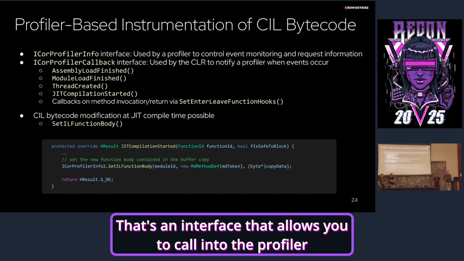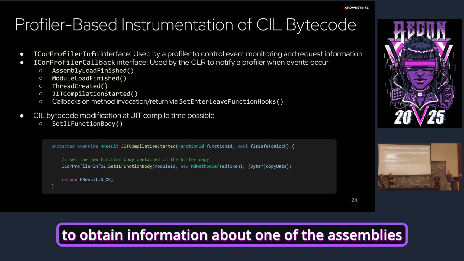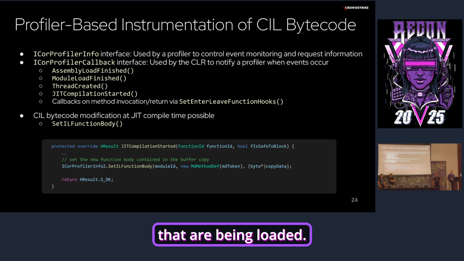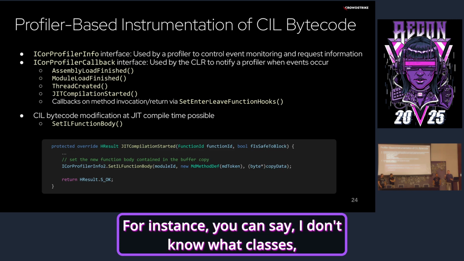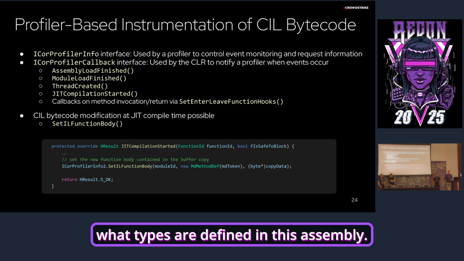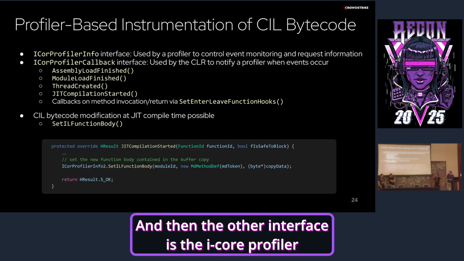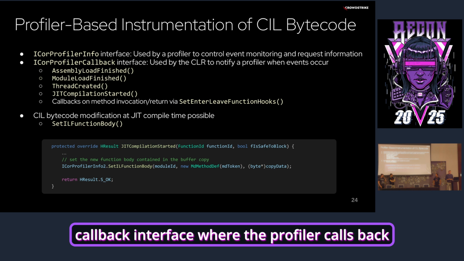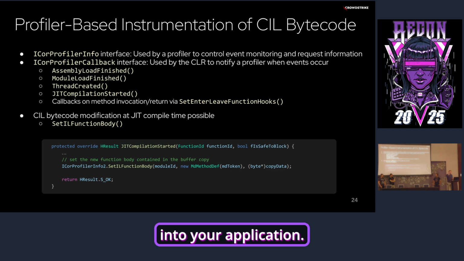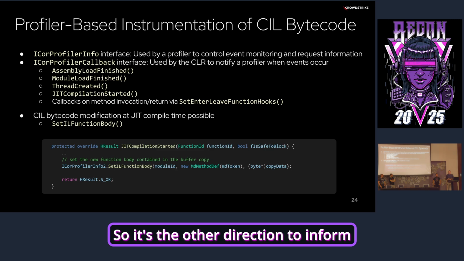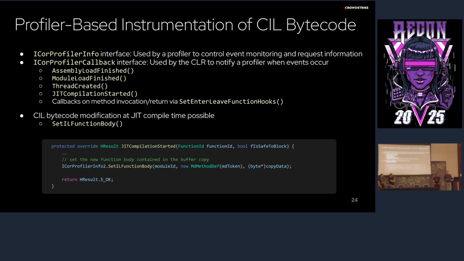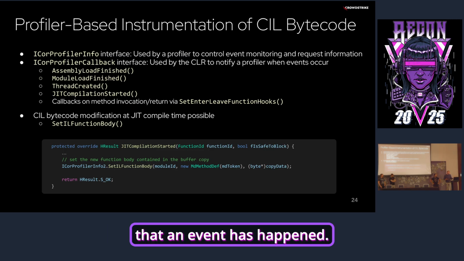That's an interface that allows you to call into the profiler to obtain information about one of the assemblies that are being loaded. For instance, you can ask what classes, what types are defined in this assembly. And then the other is the ICorProfilerCallback interface, where the profiler calls back into your application. I mean, it's a callback, right? So it's the other direction, to inform that an event has happened.